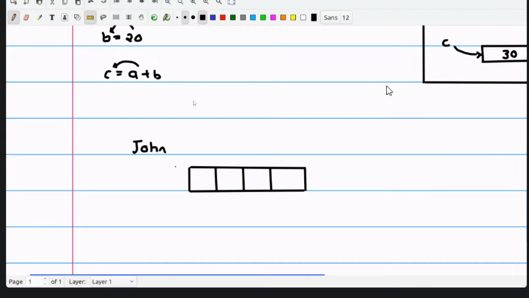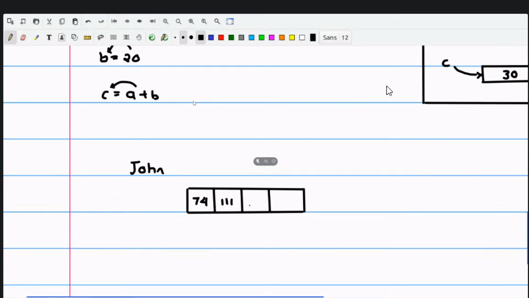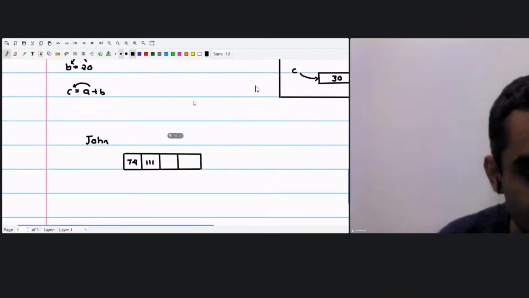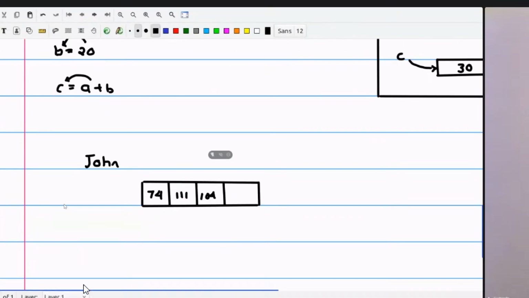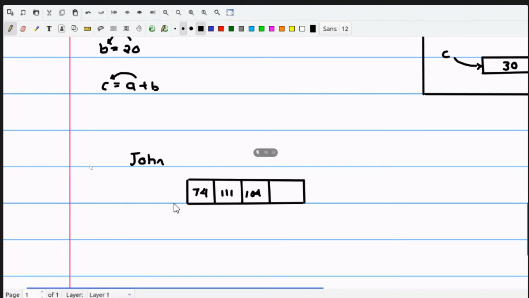J first. J was 74. And then comes the character O, which is 111, and then comes the H, which is 104, and then comes the N, which is 110.